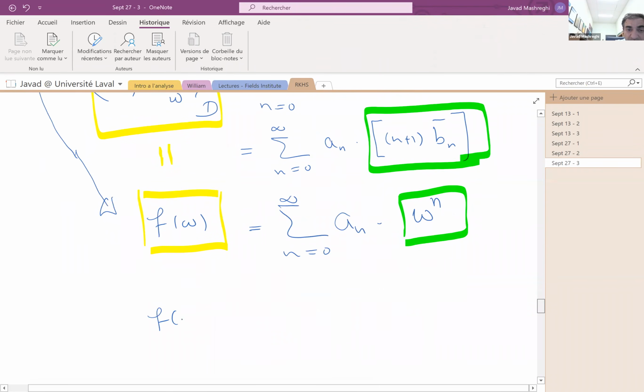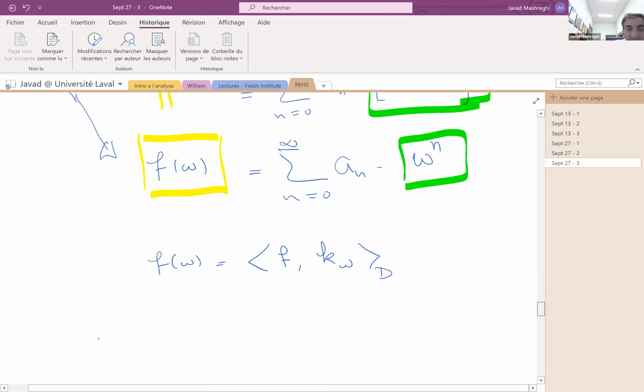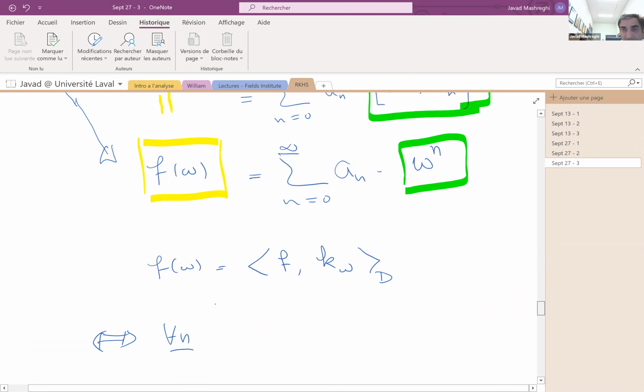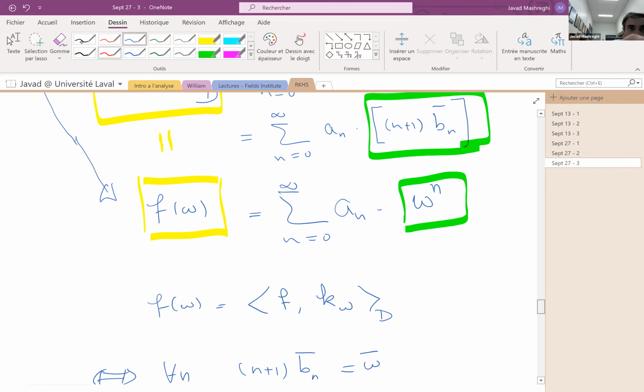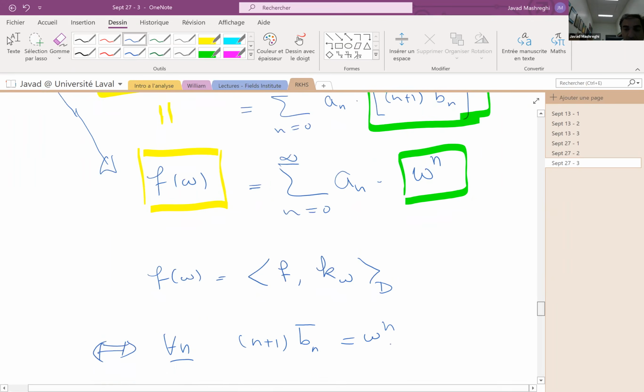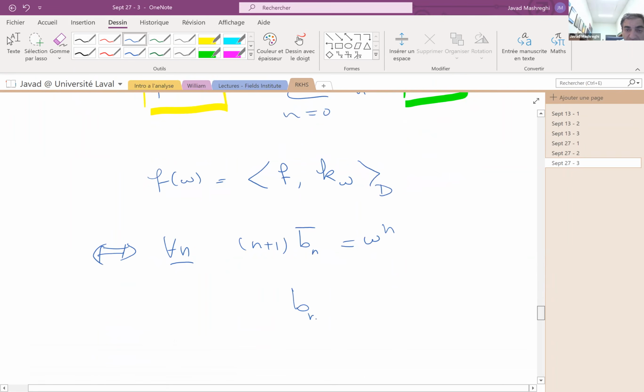So f of w is equal to the inner product of f with k_w in D if and only if for each n, (n plus 1) b_n bar is equal to w^n, or b_n equals w bar to the power n divided by n plus 1.